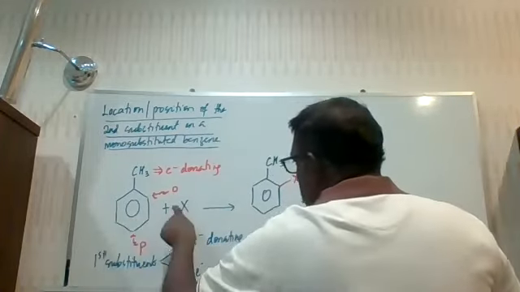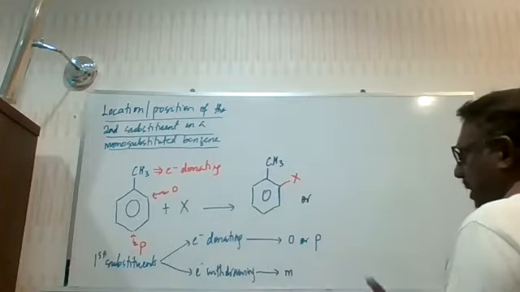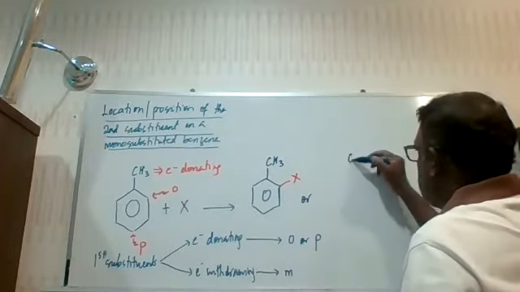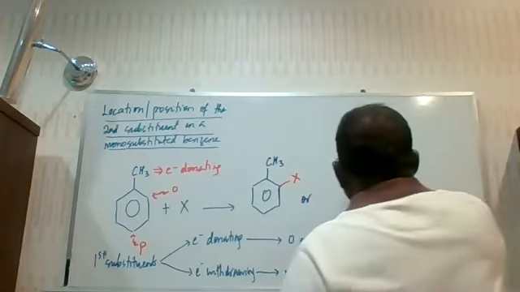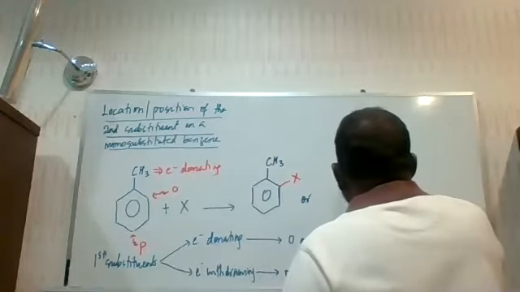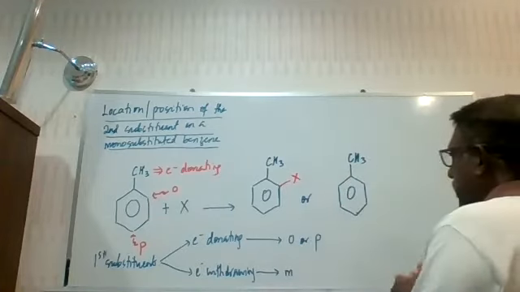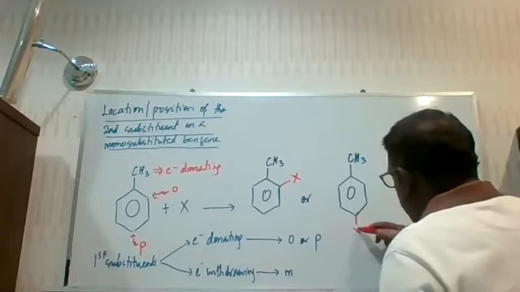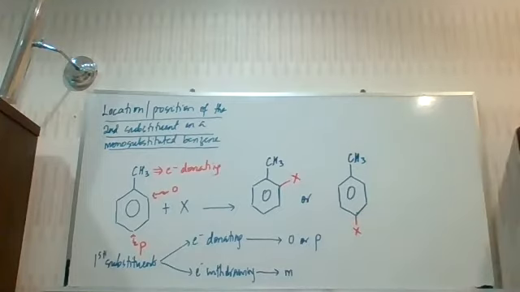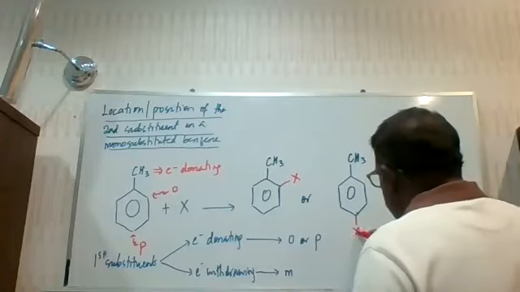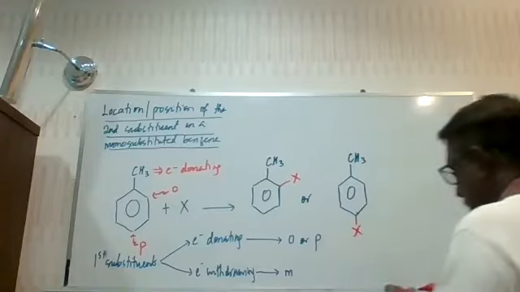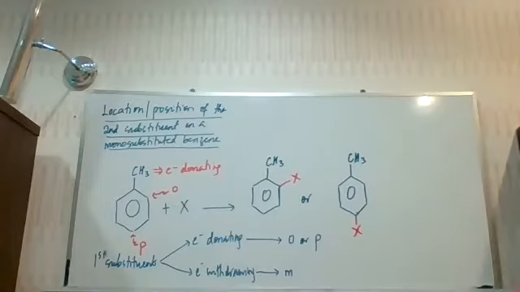That means you must have two here, and this also must be two. Be careful about what I'm trying to say. So CH3, it can do this. These are the two possible products, because it's electron donating.